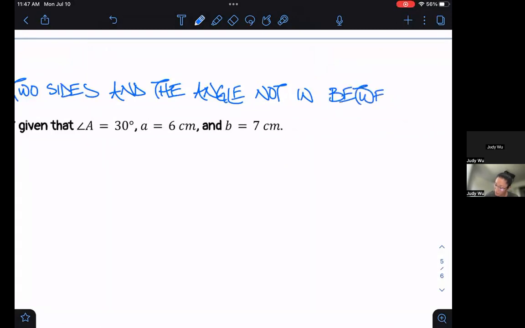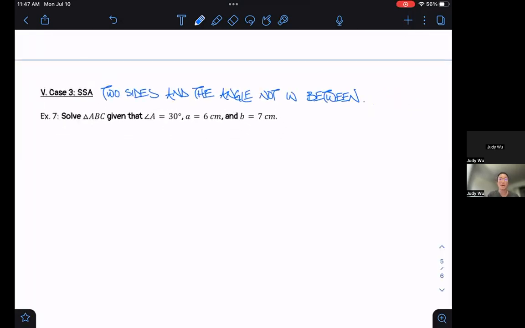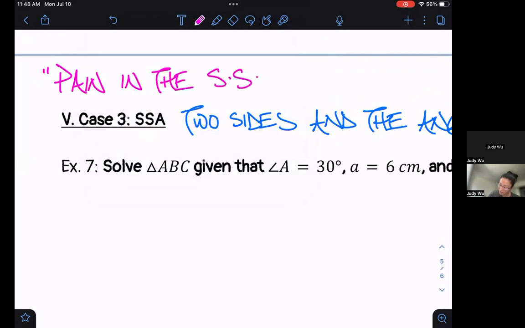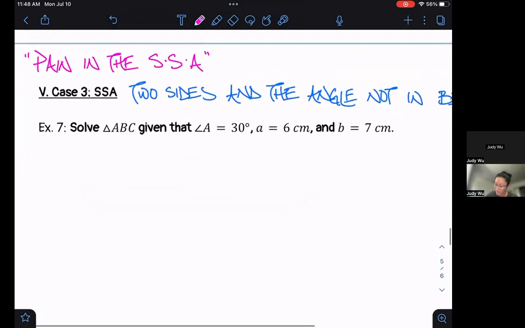All right. Now, we've only done one example of the other cases, but this one is sometimes known as a plane in the, I'll let you spell that one backwards, all right? Or more formally known as the ambiguous case.